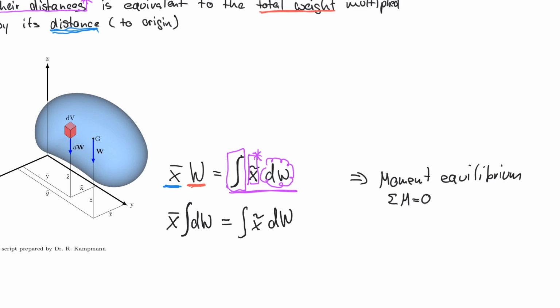All I've done now is write my total weight as the sum of all the individual particles. And now, last but not least, what do I have to do to get my x bar? To get x bar, all I have to do is rearrange the system, and I would end up with a formula that looks like this: the integration of x tilde dw divided by the integration of dw.